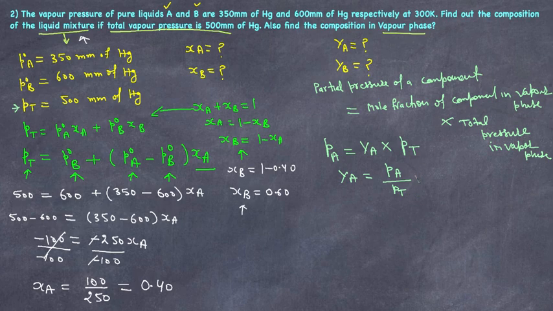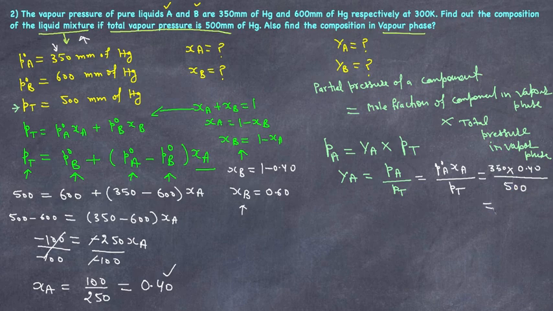And we know that PA is equal to P naught A XA divided by PT. So if we plug in the value of P naught A here, which is 350, multiplied by XA, which we calculated 0.40, and divided by PT, which is 500.